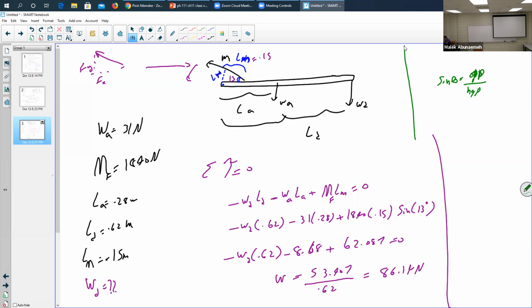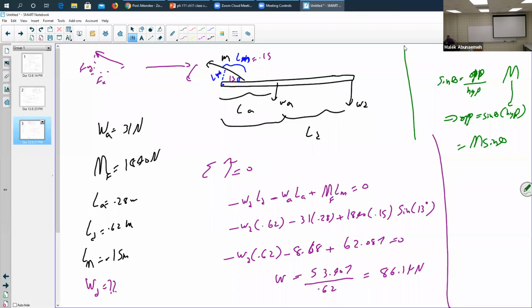That means your opposite, the one we were trying to find, is your sine theta multiplied by your hypotenuse, which in this case is our big M. So this would be M sine theta.